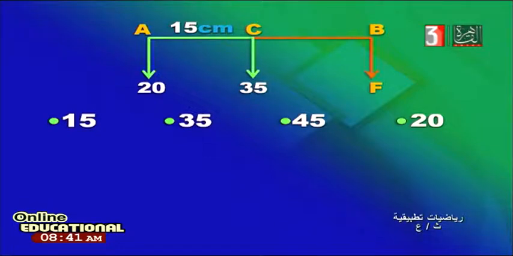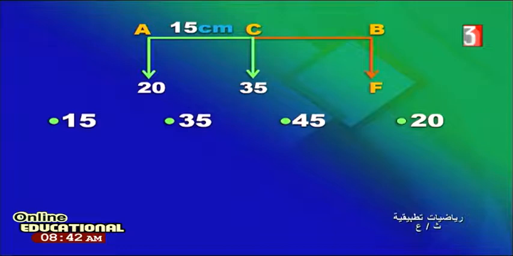We know that we have two forces, 20 and F. Their resultant is 35, which acts at point C, belonging to the line segment AB. We know that F1 plus F2 equals 35, and 20 plus F equals 35. Therefore F equals what? 15 Newton.